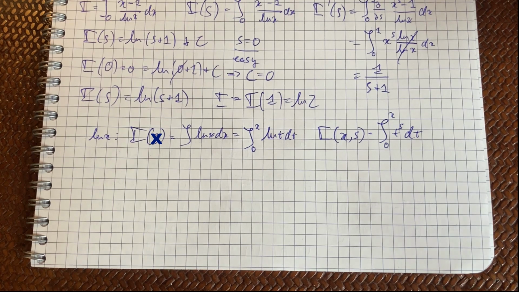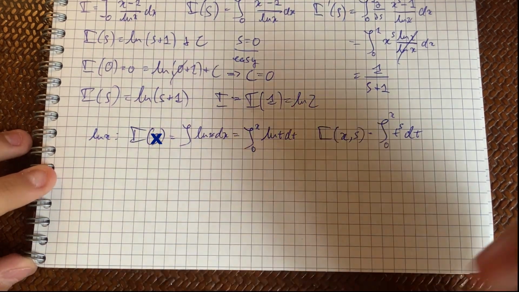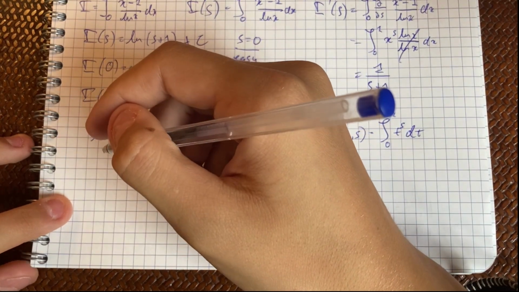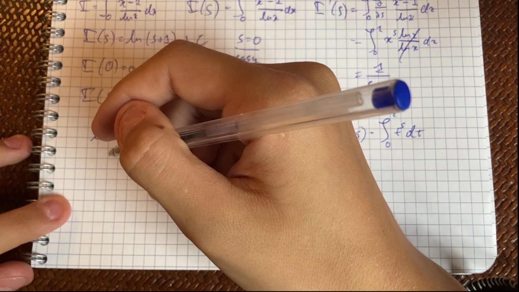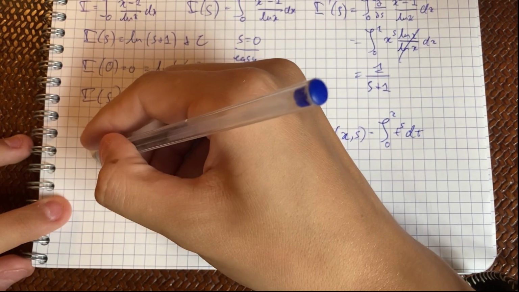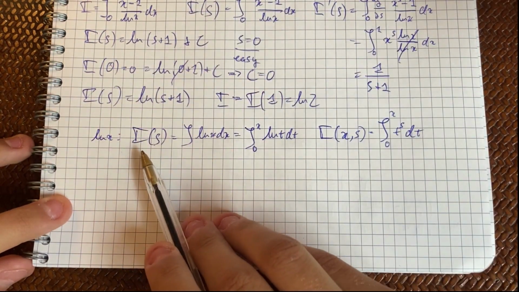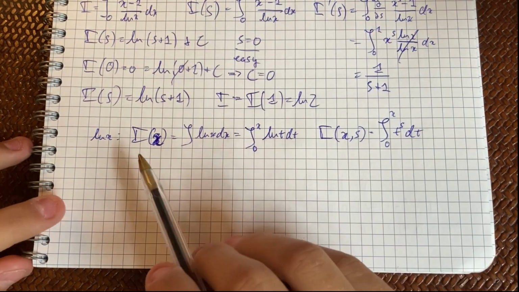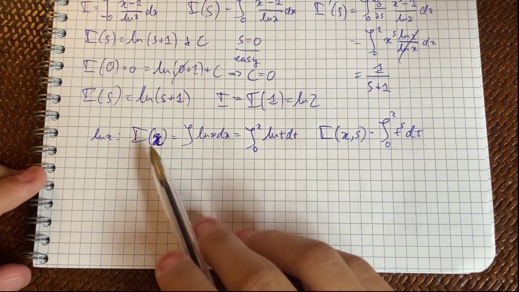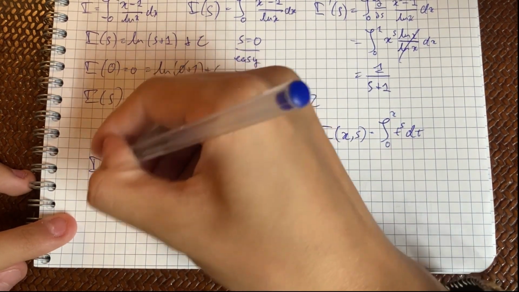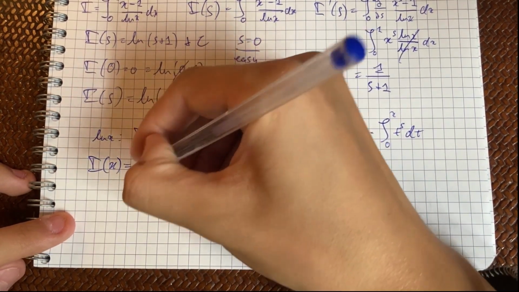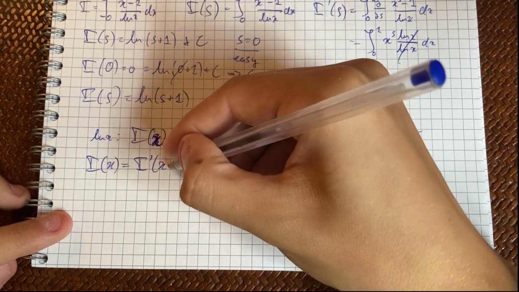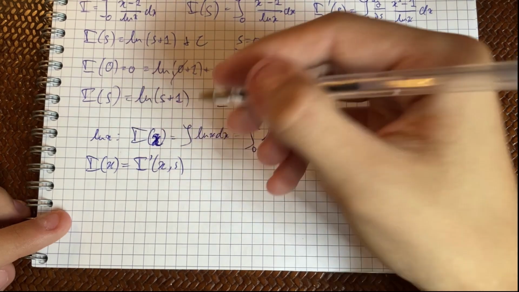Well, we can differentiate under the integral sign, so we know that our function here, I of x, equals the derivative of I of x, s.